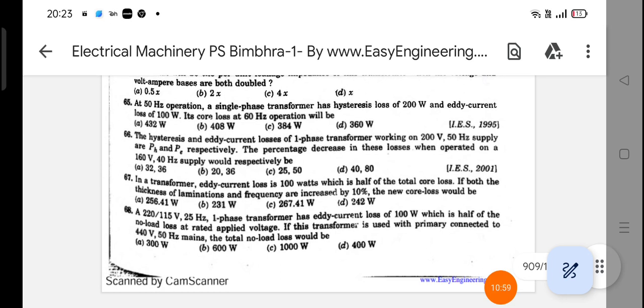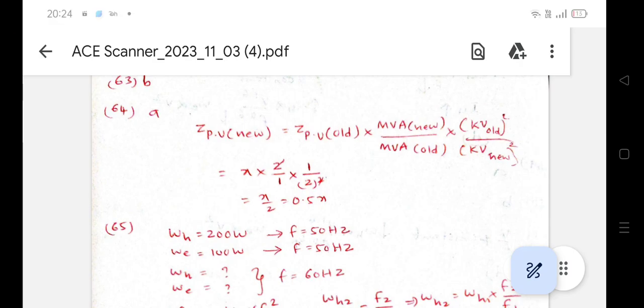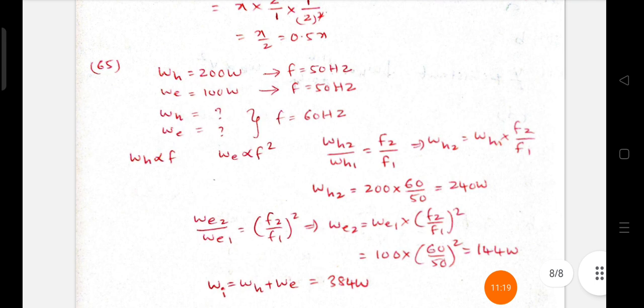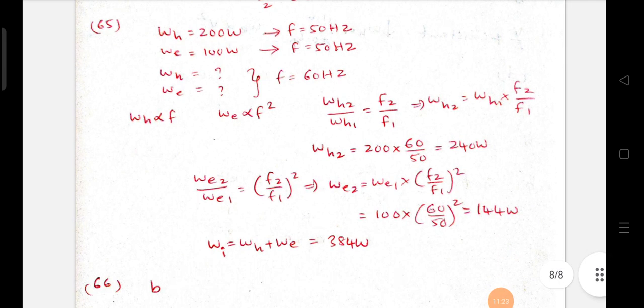Next, at 50 Hz operation, a single phase transformer has hysteresis loss of 200 watts and eddy current loss of 100 watts. Its core loss at 60 Hz frequency? Already we know that hysteresis loss is directly proportional to frequency, and eddy current loss is directly proportional to frequency square. Now see the solution. WH2 by WH1 is equal to F2 by F1.